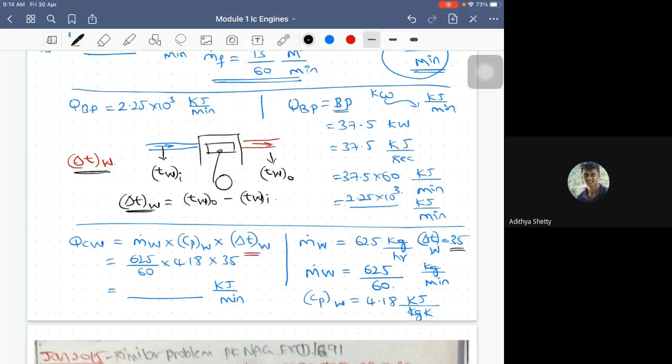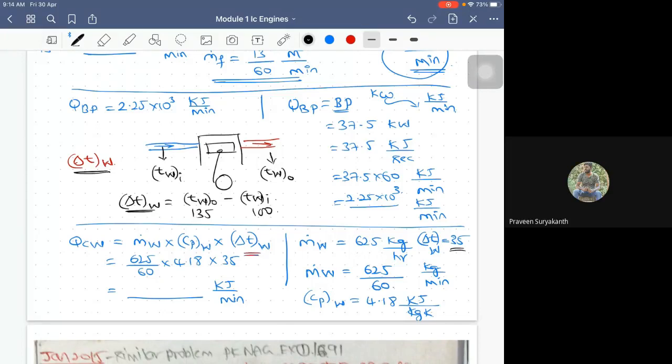Now, suppose the difference is 35. The temperature at the outlet of the water, assume it is 135. At the inlet, it was 100. Now, what is the temperature difference of the water from inlet to outlet? 35, isn't it?